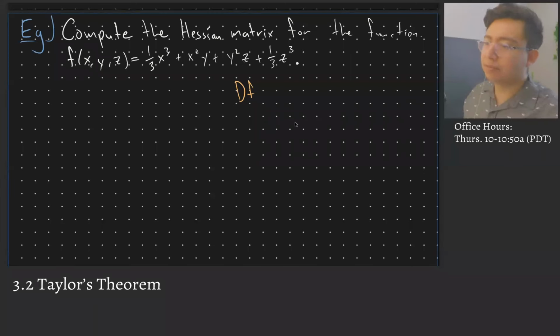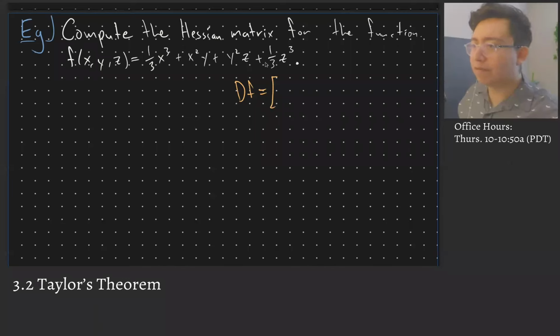And so we are going to end up with a gradient, right? It's a row matrix. So take the derivative of this with respect to x, we get x squared, right? So we bring the 3 down. So 1/3 times 3x squared is just x squared. And then 2xy, so plus 2xy. And that's it for x's.